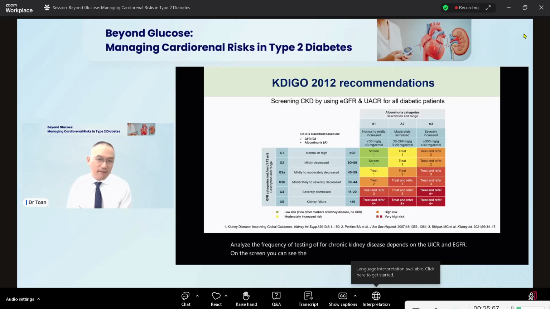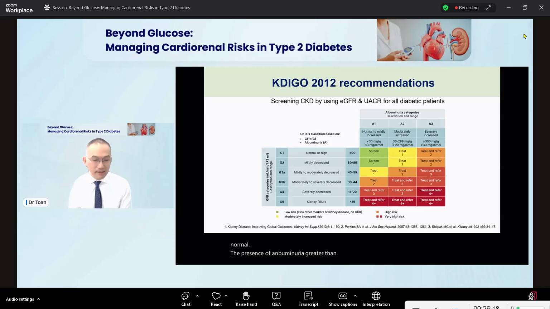It depends on what stage of kidney disease and how much albuminuria. Even when the eGFR is normal, the presence of albuminuria greater than 30 milligrams per gram is still sufficient for diagnosis of CKD.